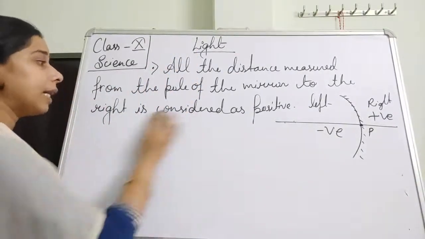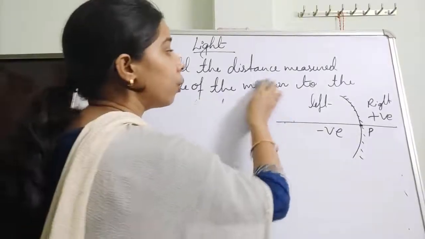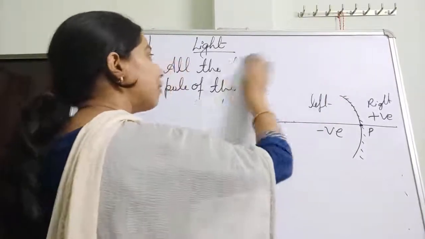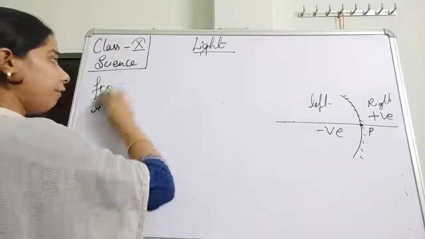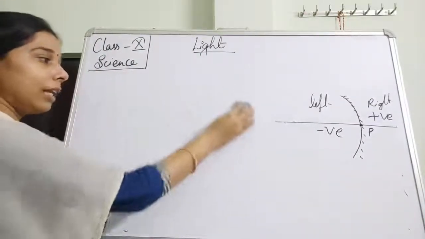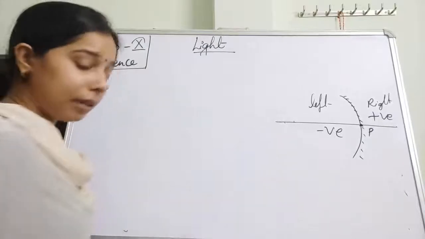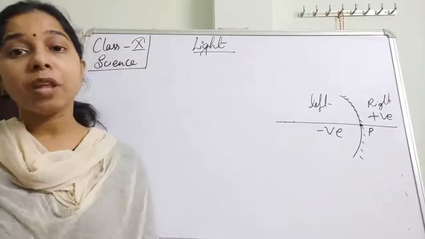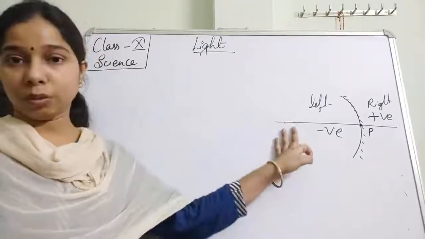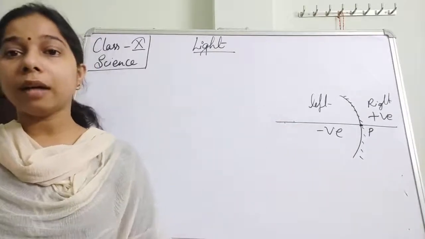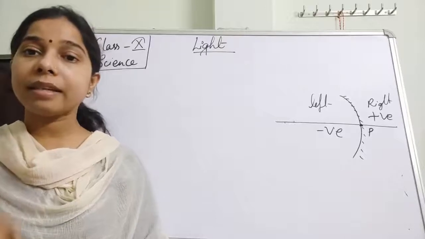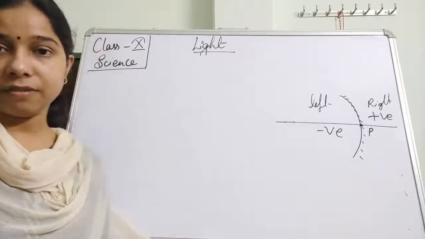Although we are going to discuss the sign convention again when we discuss the convex mirror, if we talk about the concave mirror, you have seen that in all the cases the object is kept here, that is at the left side. So because of that, the object is always taken as negative. Okay.